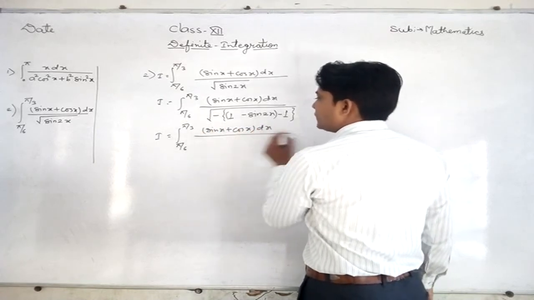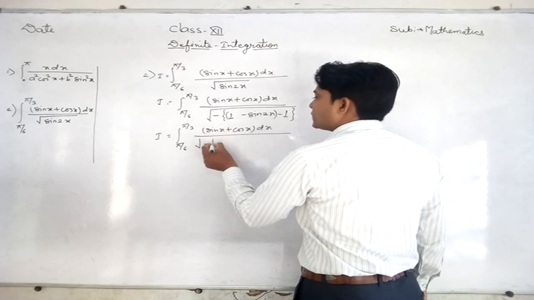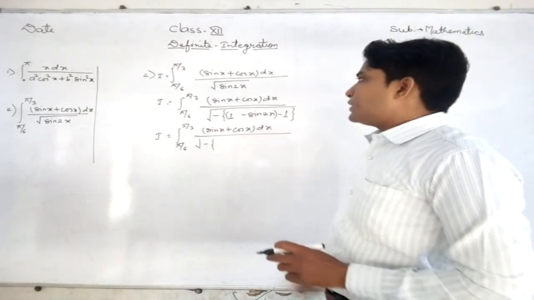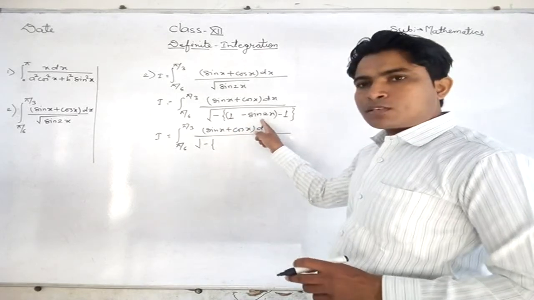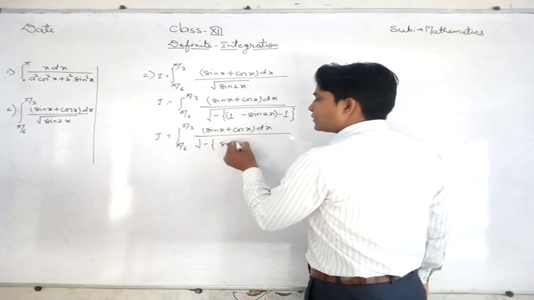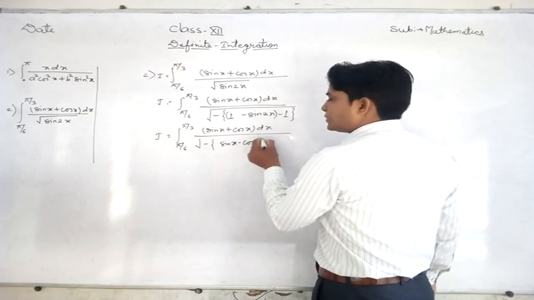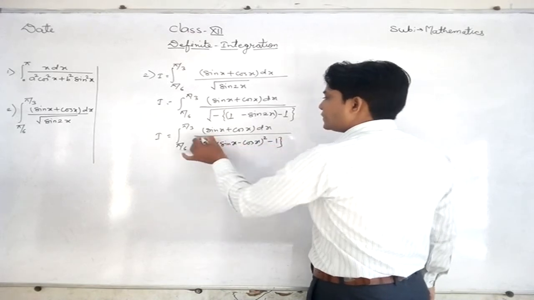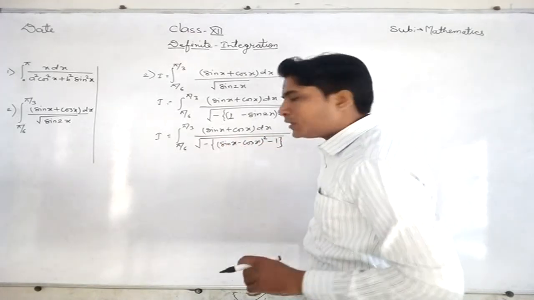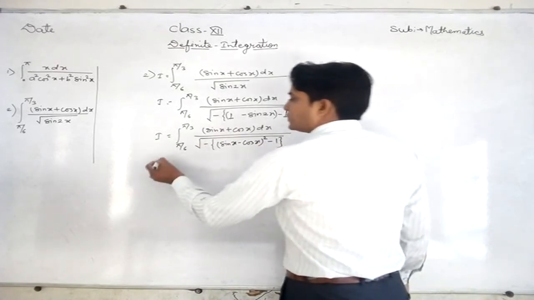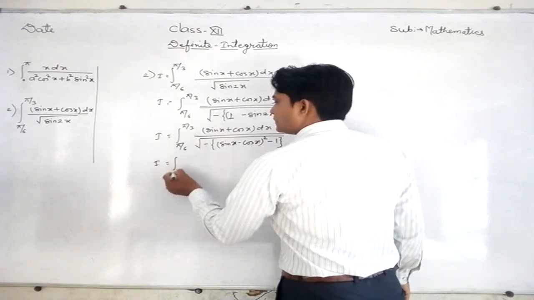If we transfer the minus into the bracket, we get the integral from pi by 6 to pi by 3 of sin x plus cos x into dx upon under root 1 minus (sin x minus cos x) to the whole square.